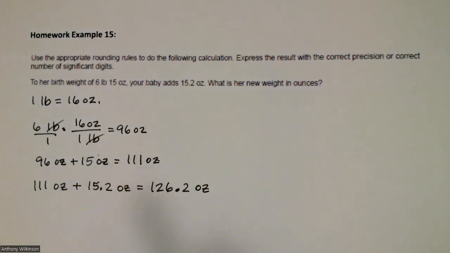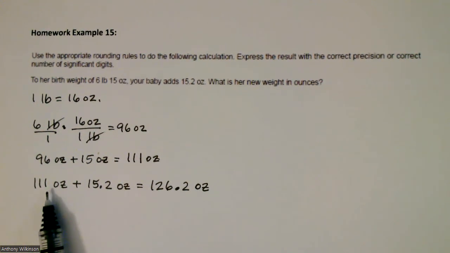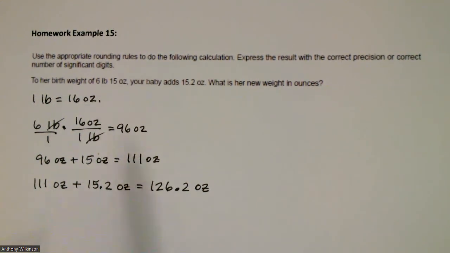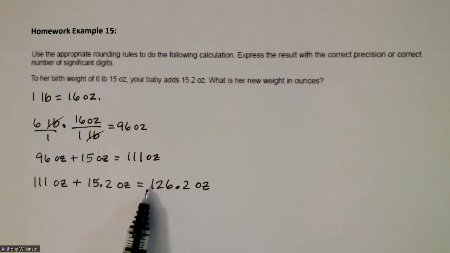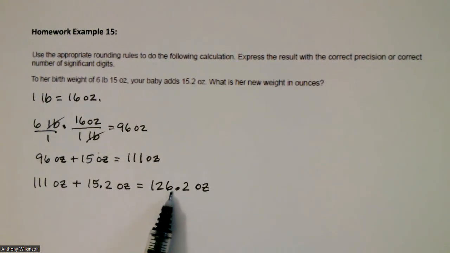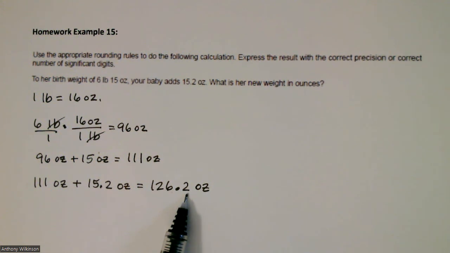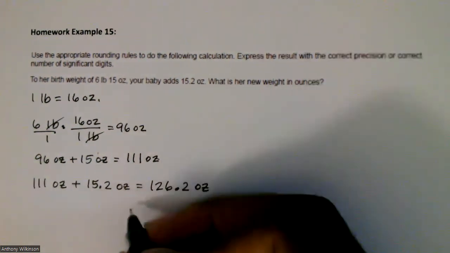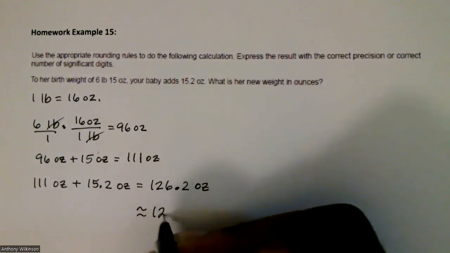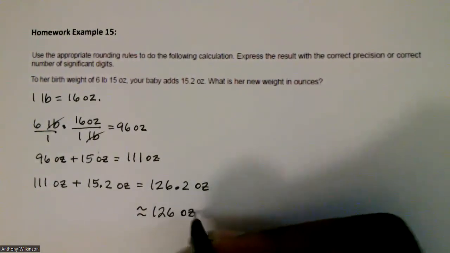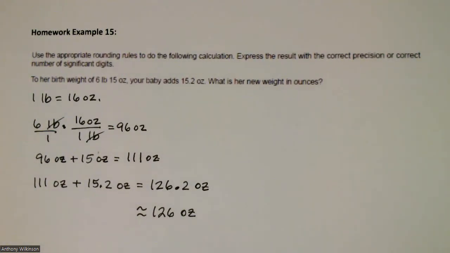Now, in this case, 111 ounces has three significant digits, and 15.2 ounces also has three significant digits. So we're going to round our final answer to three significant digits. 1, 2, 3 significant digits. This 6 is the third significant digit. To the right of that is 2. That's less than 5, so we leave the 6 as is. So this will be approximately 126 ounces, rounded to 3 significant digits.